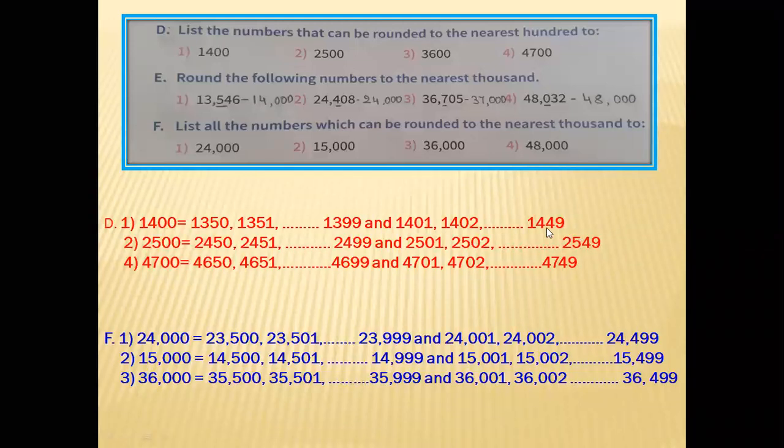Up to 1449 you have to write. This is one clue: from 50 numbers before to 50 numbers after, but don't write the last one, 1450. Up to 1449, up to 49 you have to write.